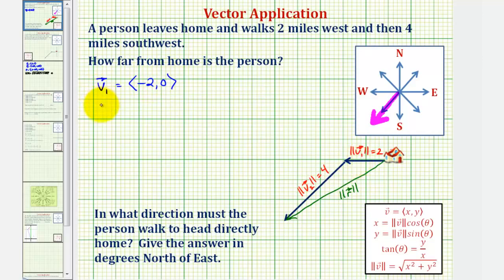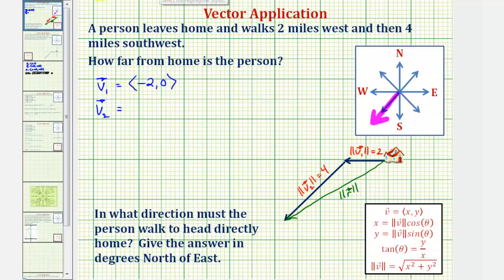Now for vector v sub 2 though, for the x component, we'll use x equals the magnitude times cosine theta, and the y component is equal to the magnitude times sine theta, where we know the magnitude is 4, but we'll have to determine theta, where theta is a direction, when the initial point is at the origin.